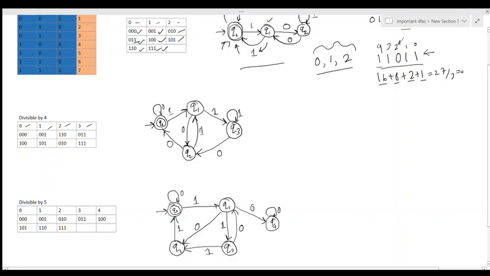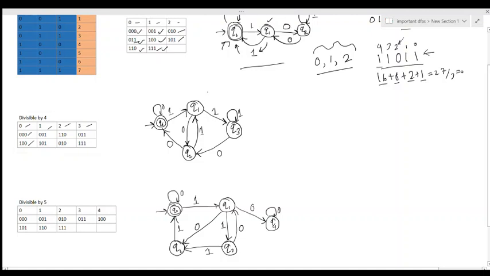For 0, 0 is divisible by any number, so 0 comes under remainder 0, then 4 is divisible by 4. For remainder 1 it is 1 and 5, remainder 2 will be 2 and 6, and remainder 3 will be 3 and 7 for the divisibility by 4.